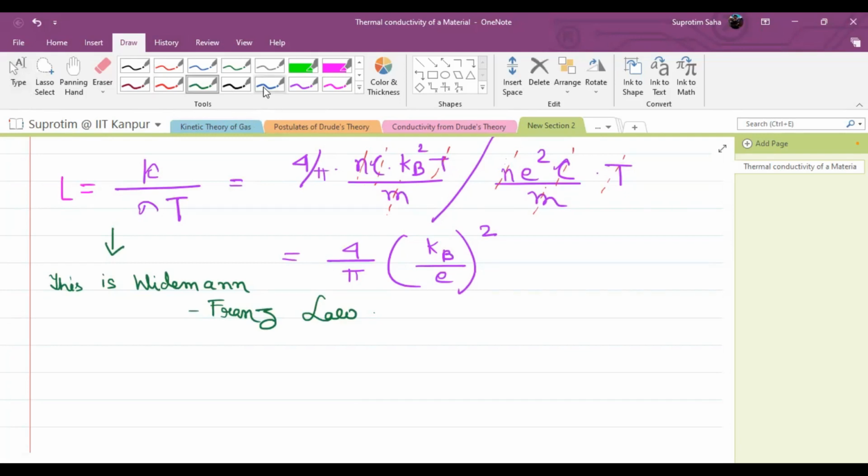So you can write that kappa is equal to L times T times sigma.